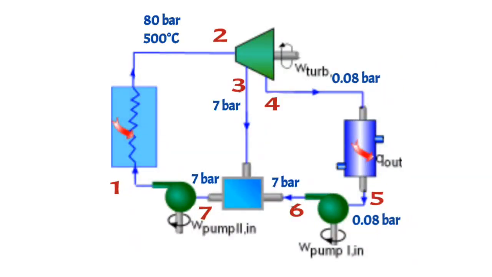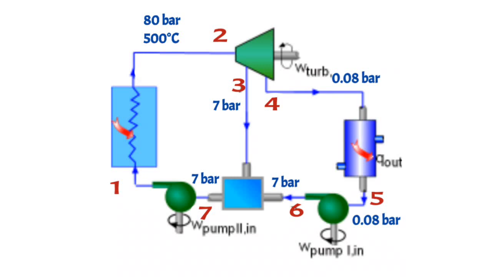Now we will calculate the enthalpy at point 1. If we observe the diagram, then enthalpy at point 1 is equal to enthalpy at point 7 plus high pressure pump work. So to calculate the enthalpy at point 1, we will first calculate the high pressure pump work. We will refer to it as WP2. So we know how to calculate the pump work, that is the specific volume multiplied by the difference in pressure. Now this pump is in between point 1 and point 7.